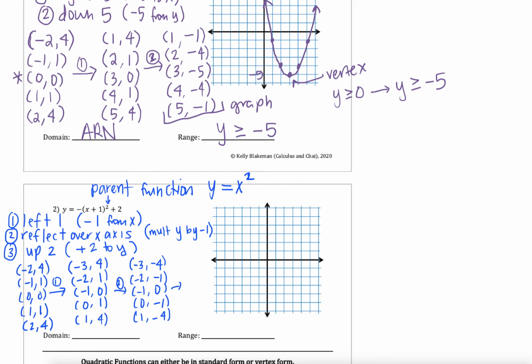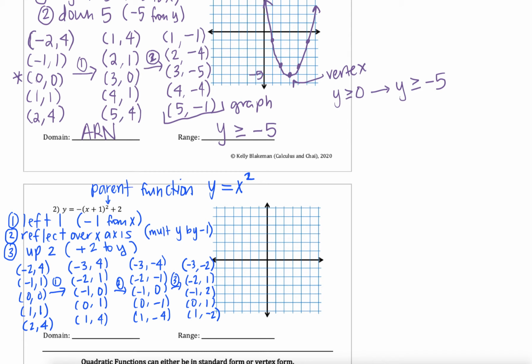Then our last transformation is going up 2, which is changing the y's. Again, those x's can just be rewritten here. For each y coordinate, we're going up 2, so we're adding 2 to all of those y's. So -4 is going to end up back at -2. -1 will be at +1, 0 will go to 2, -1 will go to 1, and -4 will be at -2.